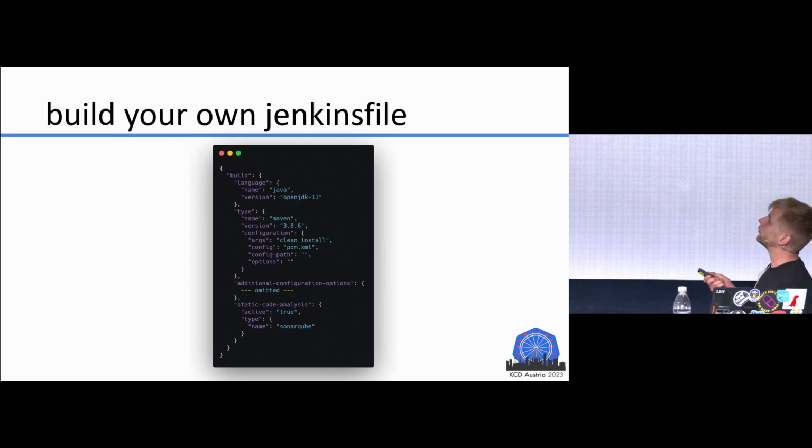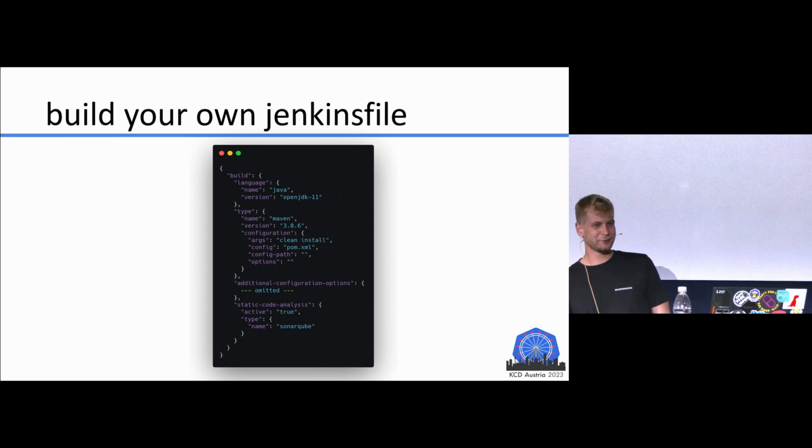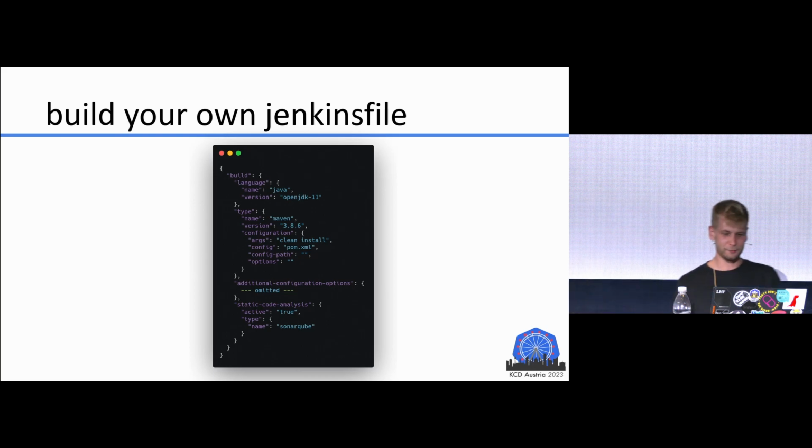It even goes so far to let them say it's a Java application, a Go application, which JDK version, what type of build is it, and a lot more. You can even disable security scans if you want. If you really need this hotfix to get through, for example, don't do that.